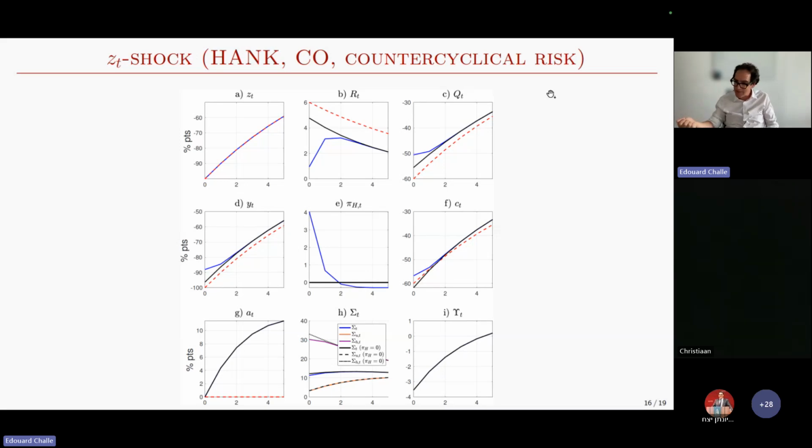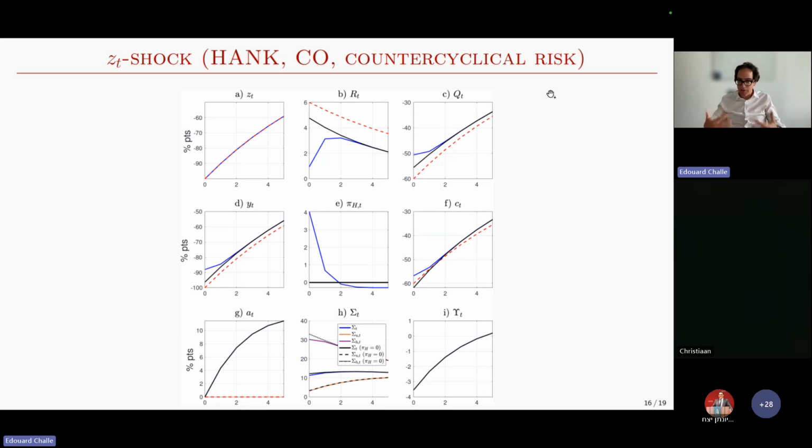And you want to stabilize that. Now you can stabilize that because risk is not acyclical. So manipulating output is also manipulating risk. All right, so that's the blue line.